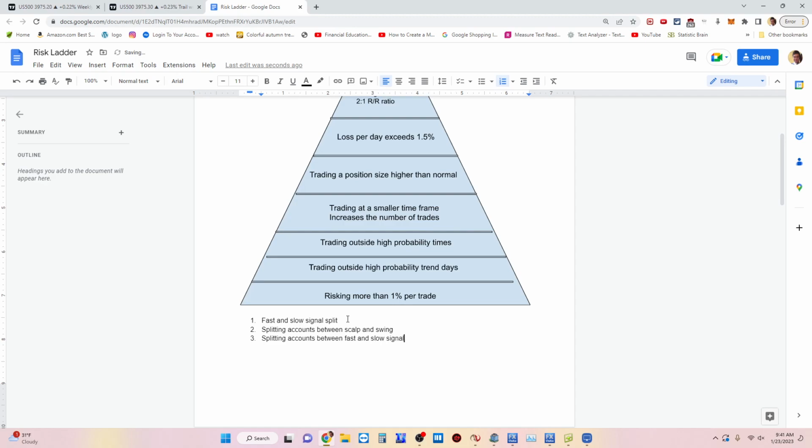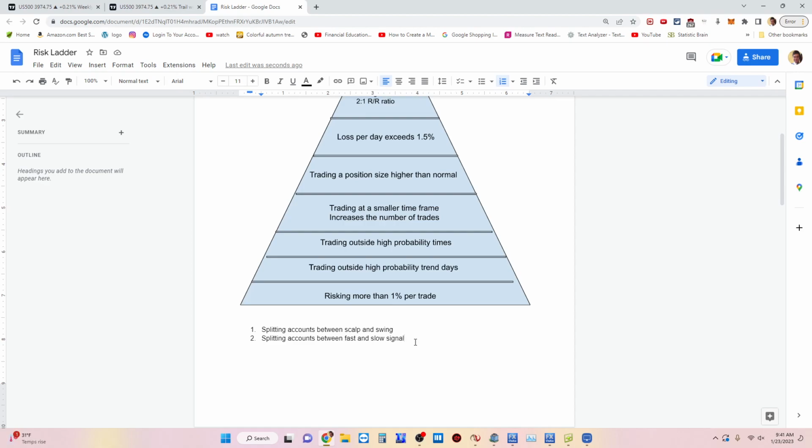So that's kind of just another advanced way to make the losses small and the gains bigger by doing those things.